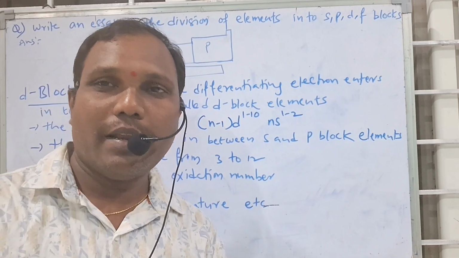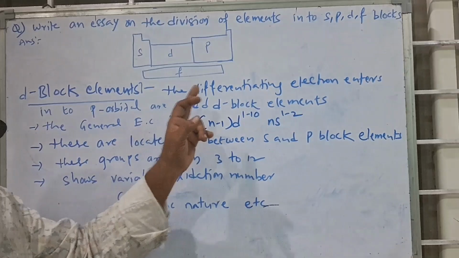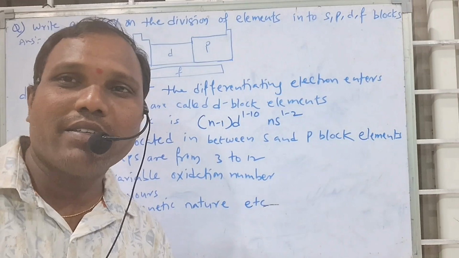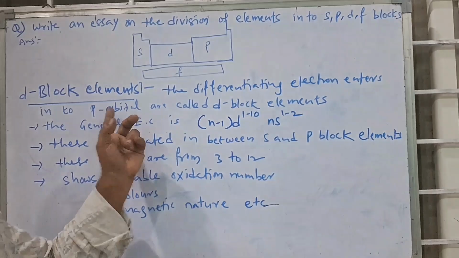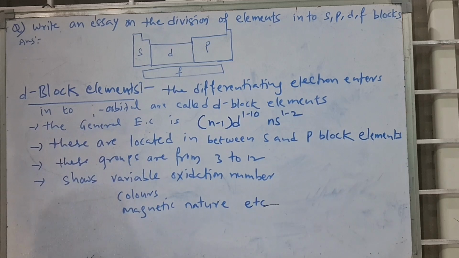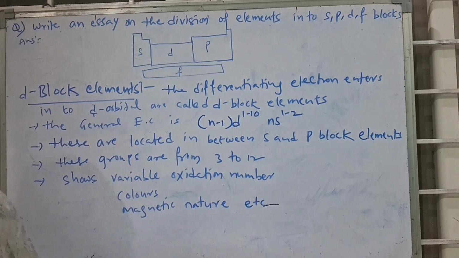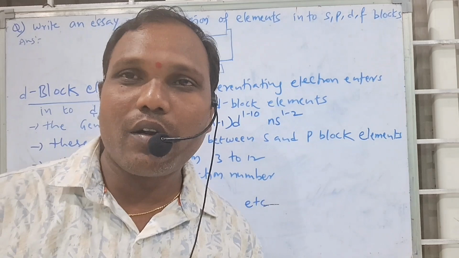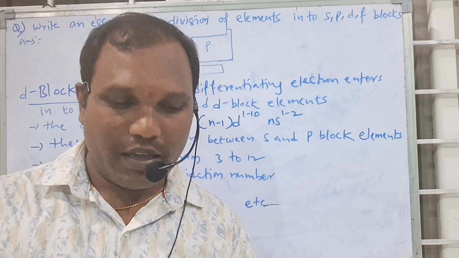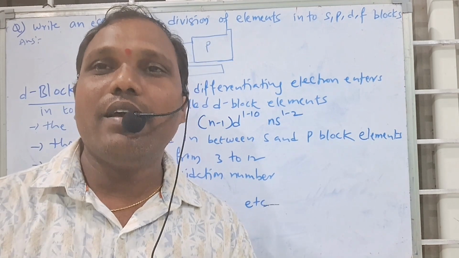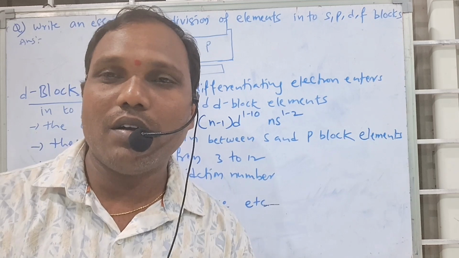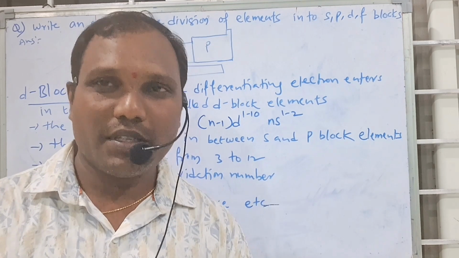D block elements. The differentiating electron enters the d orbital; such elements are called d block elements.